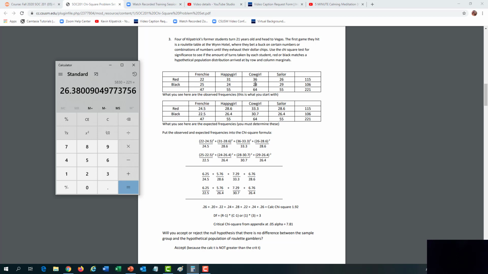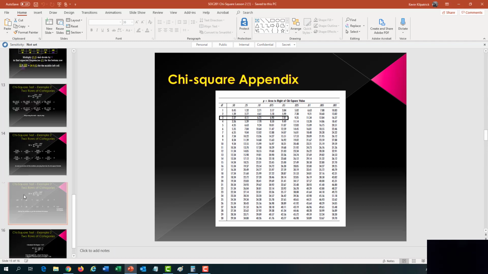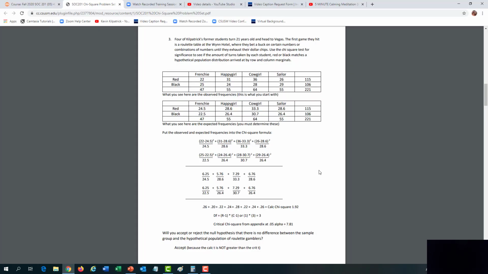I already have the observed frequencies. So the next step is just to put them in this fraction form. Remember, the chi-square formula, right, is the sum of all these individual fractions. Observed frequency minus the expected frequency. Square that number, divide that number by the expected frequency. Okay?